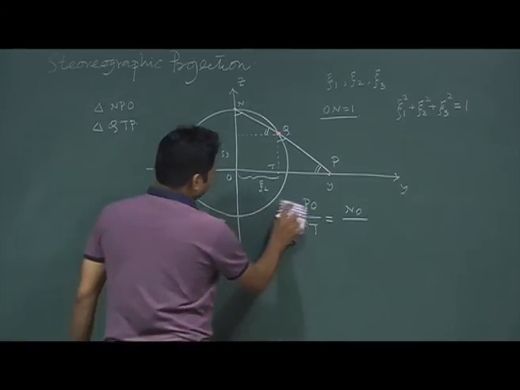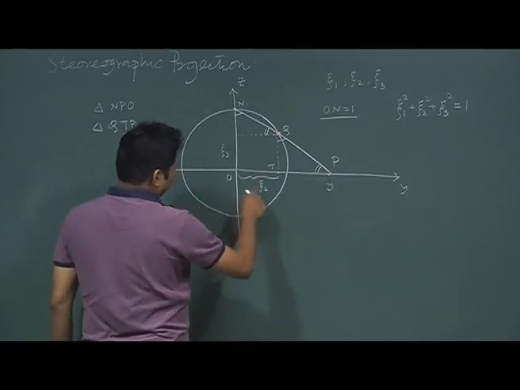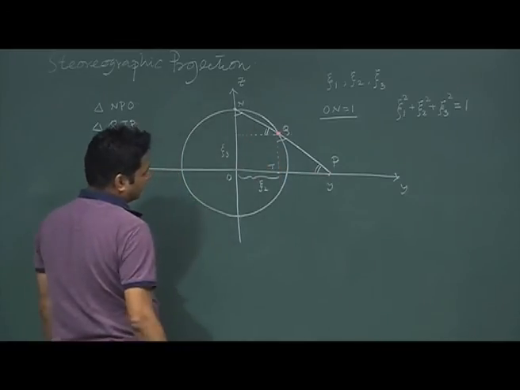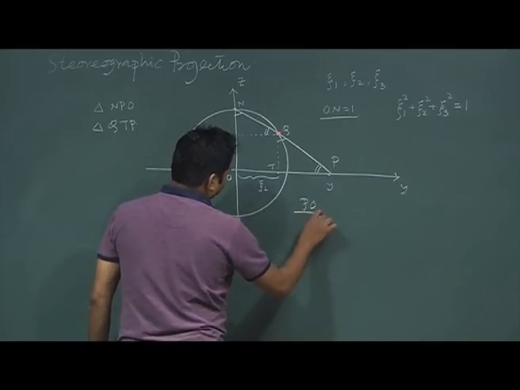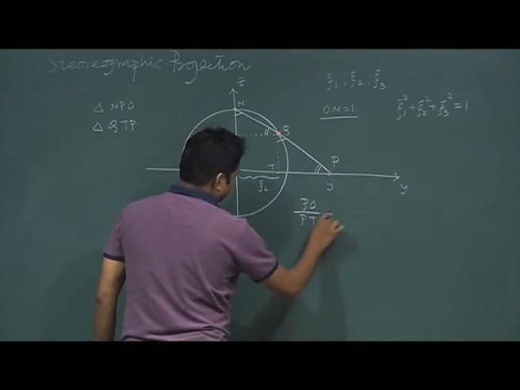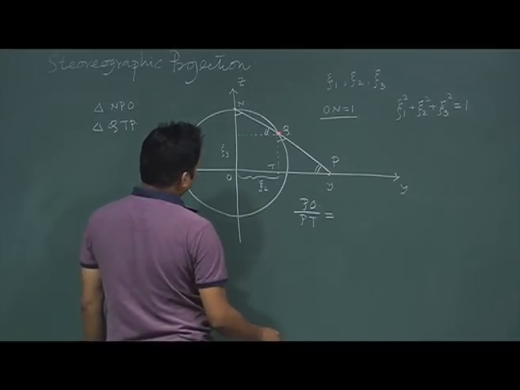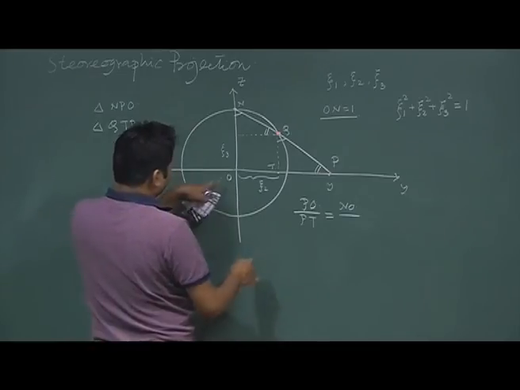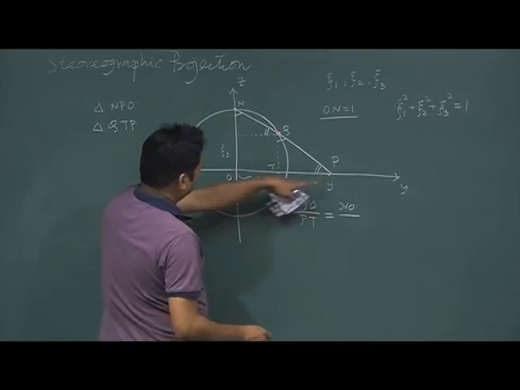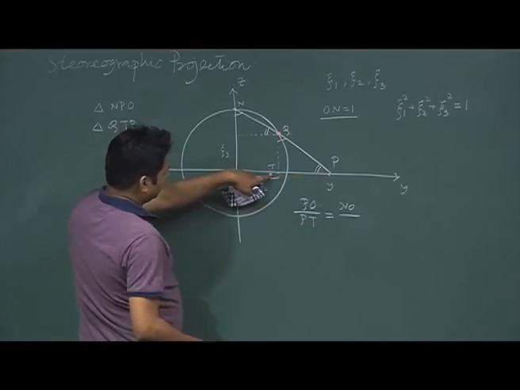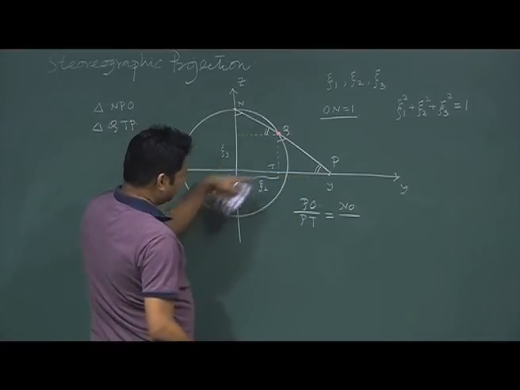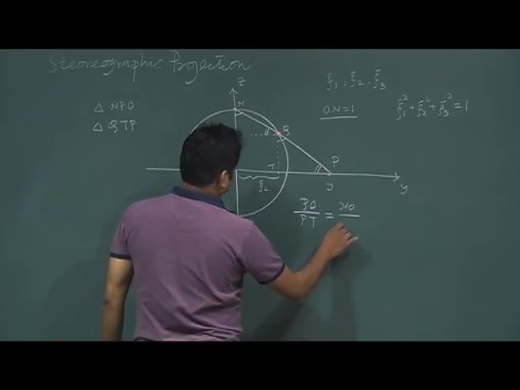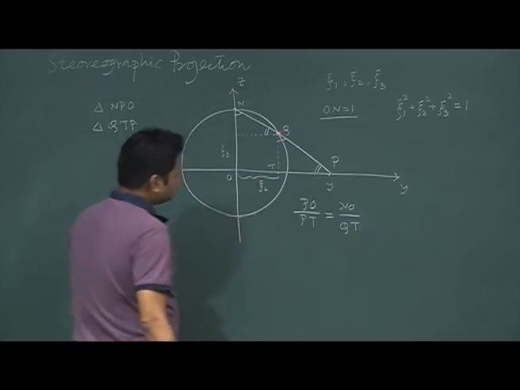So this divided by this is equal to this divided by this. So PO divided by PT is equal to NO divided by QT.